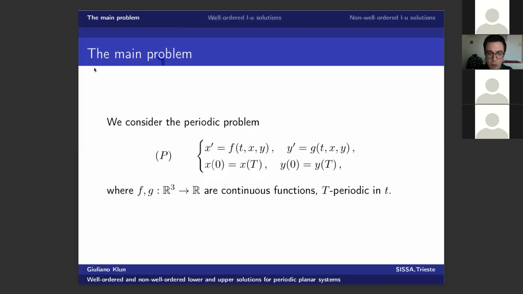And here we suppose that f and g are continuous functions, capital T periodic in the variable t. The goal is to find a theorem of existence of solutions of this kind of problem in the case of well-ordered and non-well-ordered lower and upper solutions.